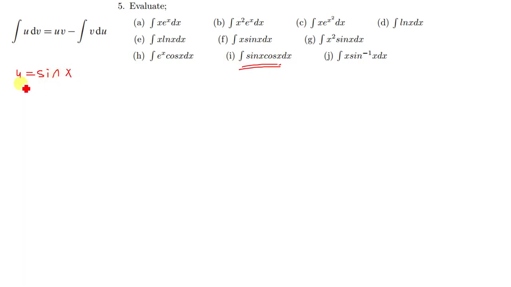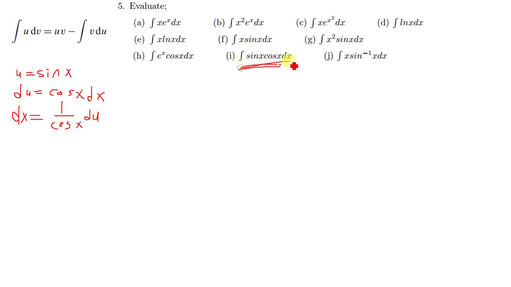So when I find du from sine x, du is just going to be equal to cos x dx, which implies that if I make dx the subject, I'm going to have 1 over cos x du.